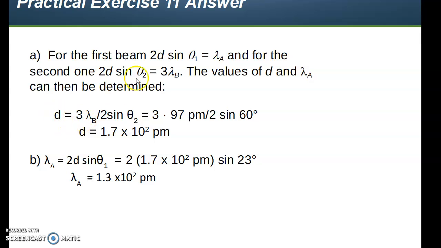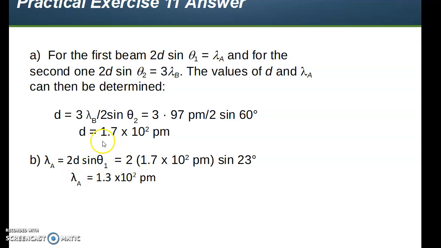D is 3 lambda over 2 sine theta 2. So it's 97 picometers times 3 over 2 sine 60 degrees. So your D then, your spacing, is going to be 1.7 times 10 squared picometers. And your lambda sub A here is 2d sine theta 1, right?